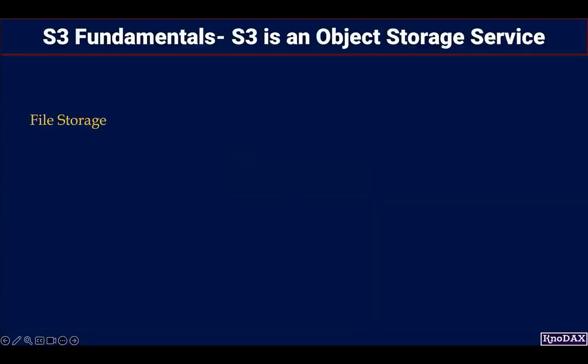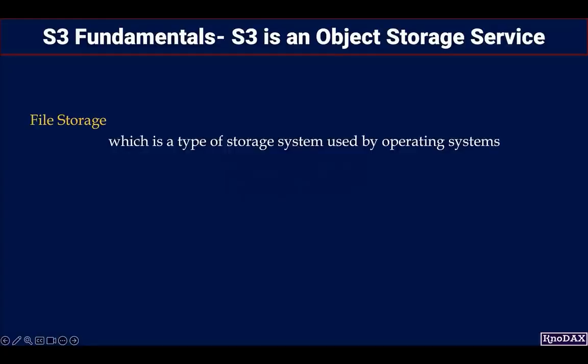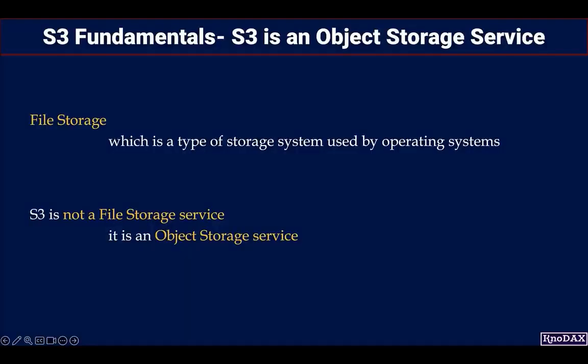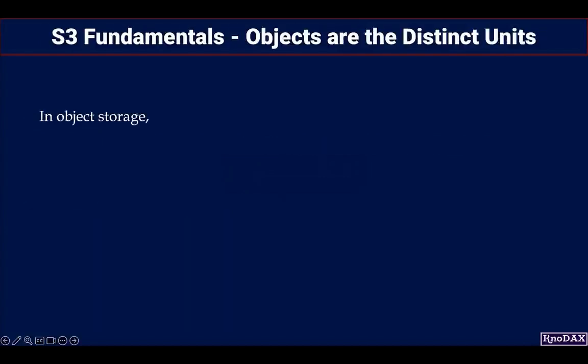Let's understand the phrase object storage, because this is the key to understanding S3. We are more familiar with file storage, which is a type of storage system used by operating systems. However, S3 is not a file storage service. It is an object storage service. This is a crucial concept to keep in mind. The question then is, what is object storage?